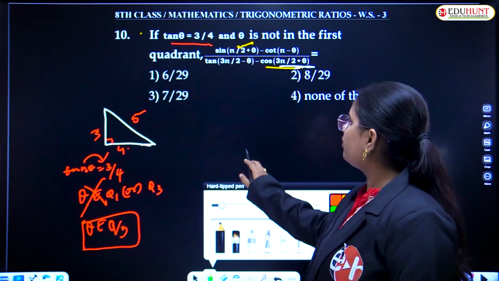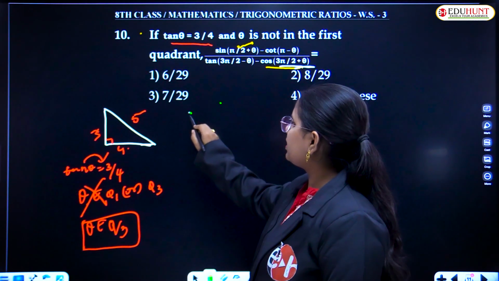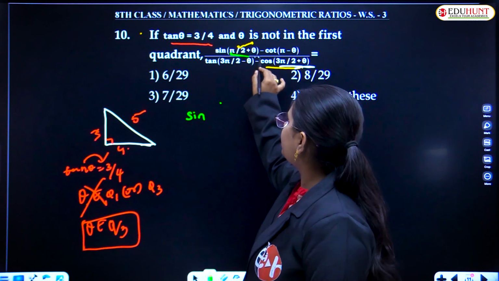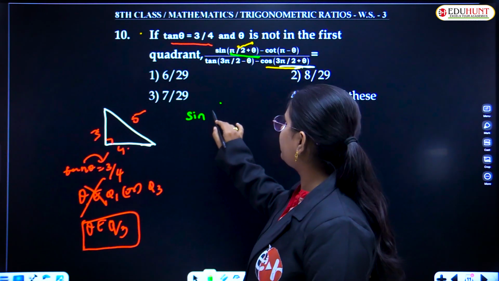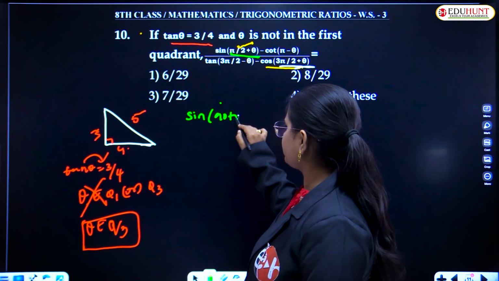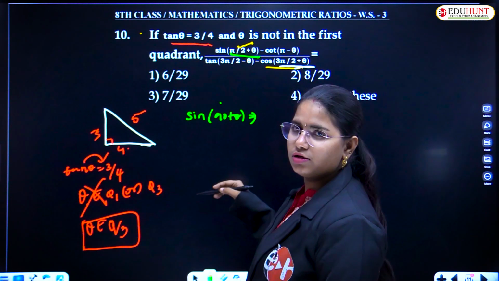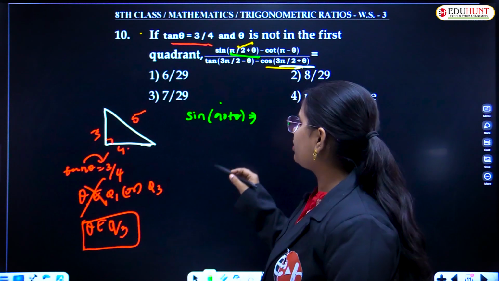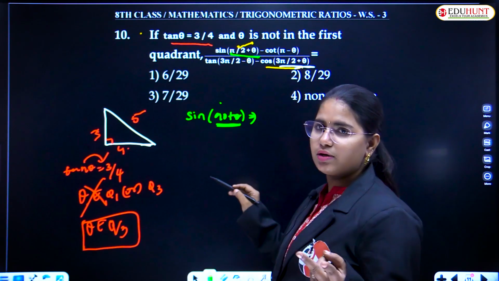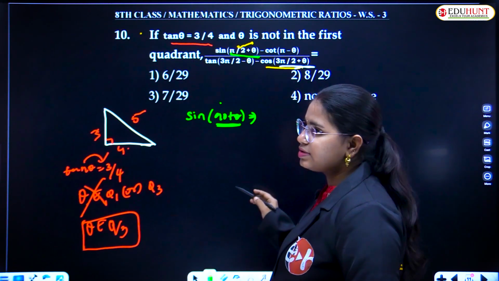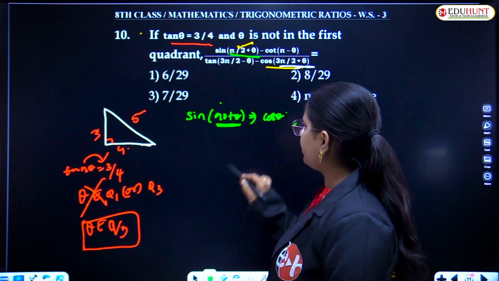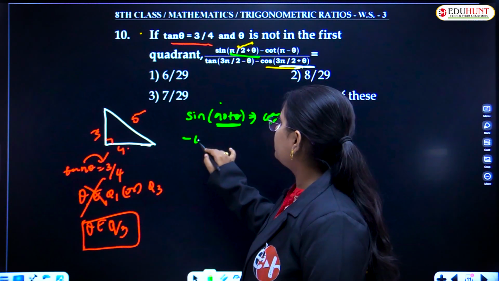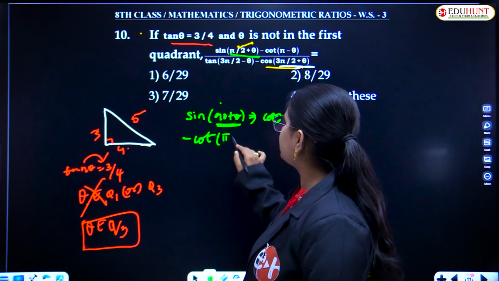Chalo. So we'll just simplify this. Sin of 90 minus theta. Pi is actually 180, so 180 by 2 is 90. 90 plus theta lies in the second quadrant, where sin is positive. So it becomes cos theta. Correct? Next one, minus cot of pi minus theta.